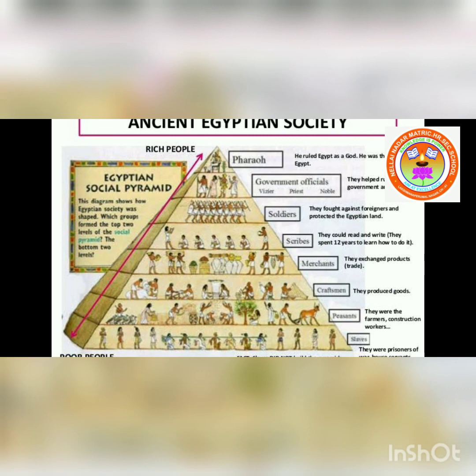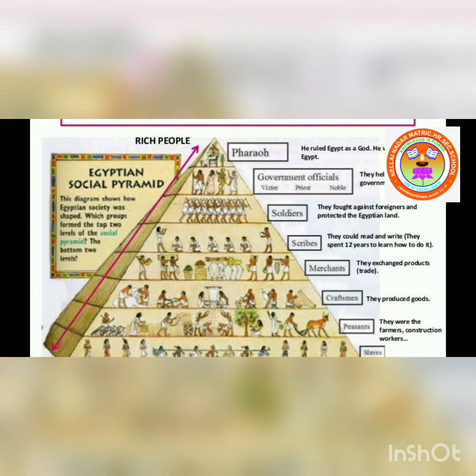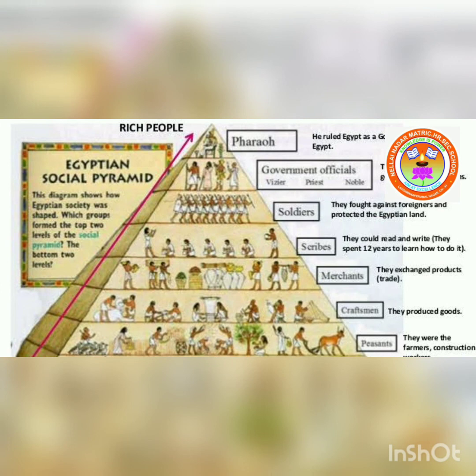Land belonged to the king and was assigned to the officials. Slavery was not common, but captives were used as slaves. Here it mentions the Egyptian social pyramid. This diagram shows how Egyptian society was shaped. Which groups formed the top two levels of the social pyramid, and the bottom two levels?